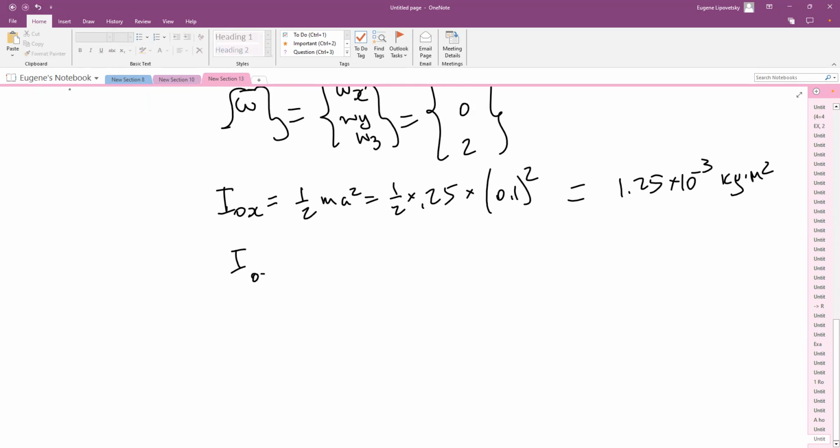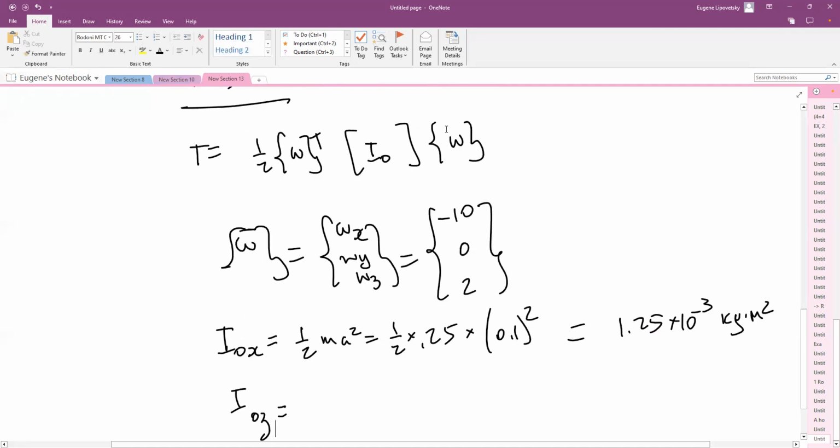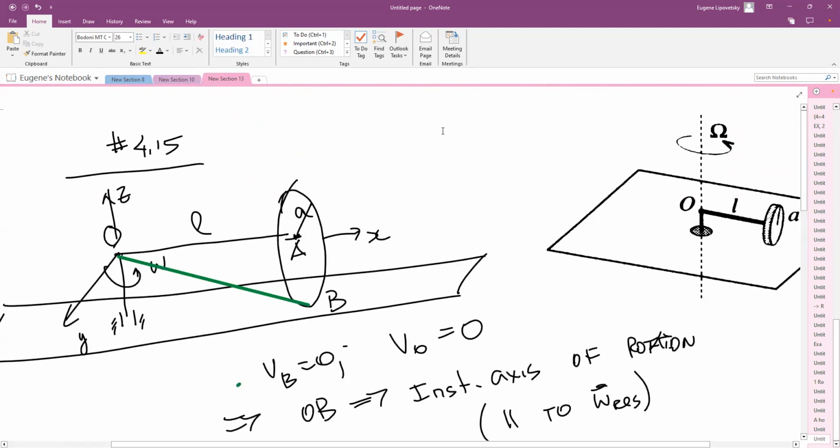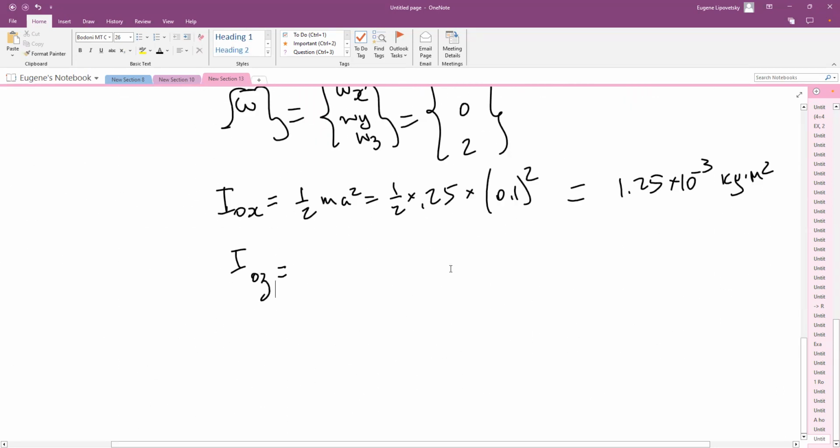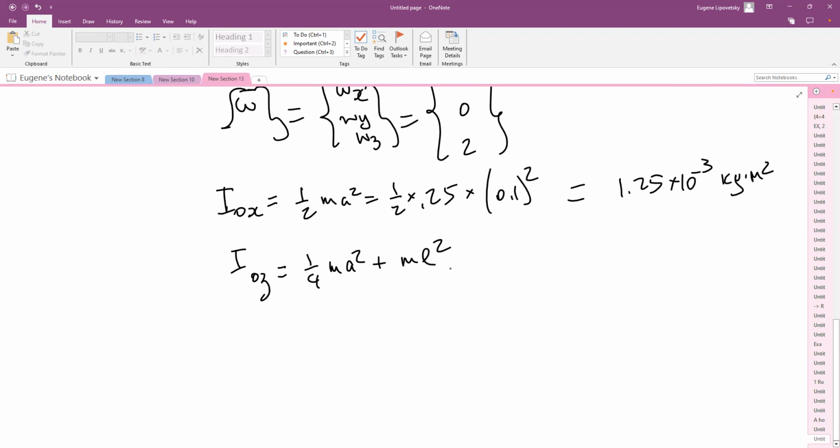I of z equals to, it's going to be 1/4 of it, and then plus ml squared. It's going to be 1/4 of m a squared plus ml squared. M times a squared over 4 plus L squared.